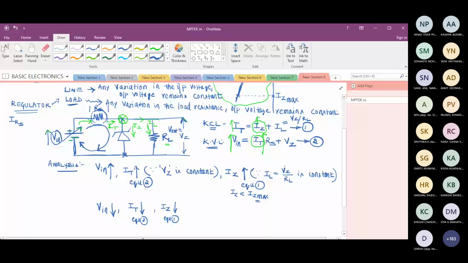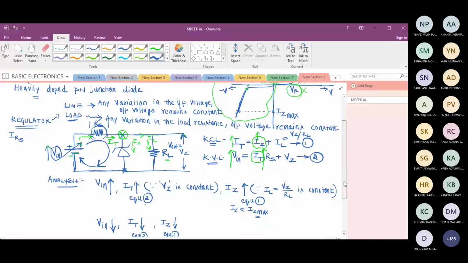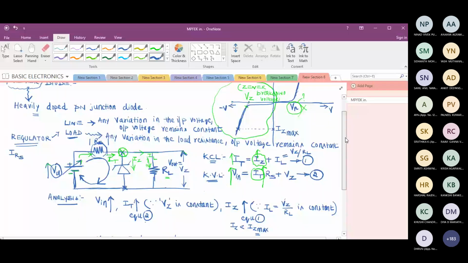My question, can IZ drop to any value? Look at these characteristics. No, sir. Is there any minimum requirement here? Can I say IZ minima is the requirement? It should not go below IZ minima? Yes, sir.